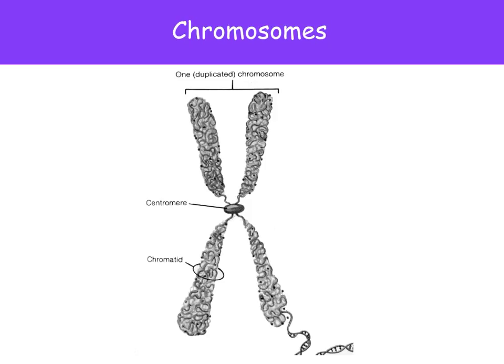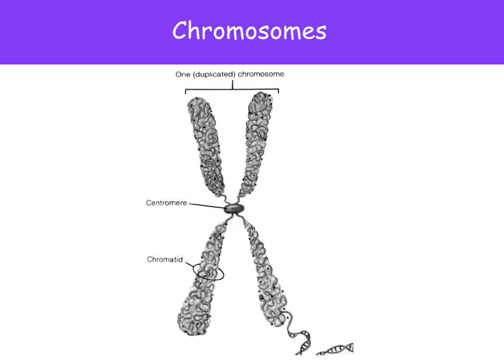Now, just before eukaryotic cells divide, a number of characteristic thread-like structures become visible in the nucleus, and they stain quite easily with a particular stain. So chromosome: chromo means colored, and some means bodies. This shows you a typical structure of a chromosome.